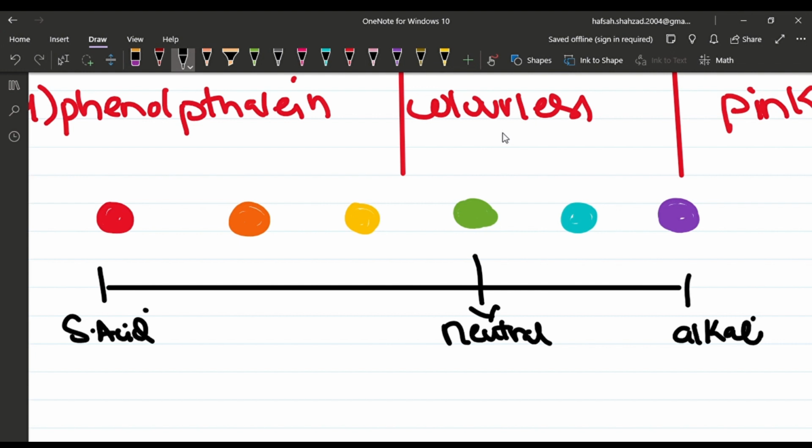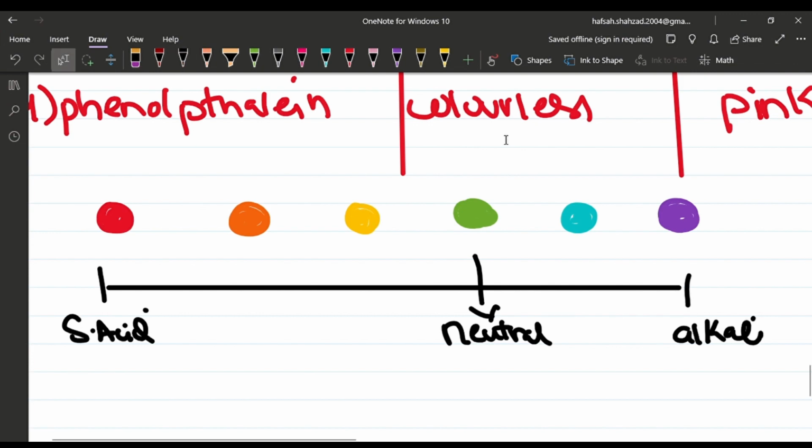For red and orange, we don't have to know the exact pH values, but a very strong acid would give a red color. An acid with a value of around 3 to 4 would give orange, and an acid with a value somewhere between 5 and 6 would give yellow.